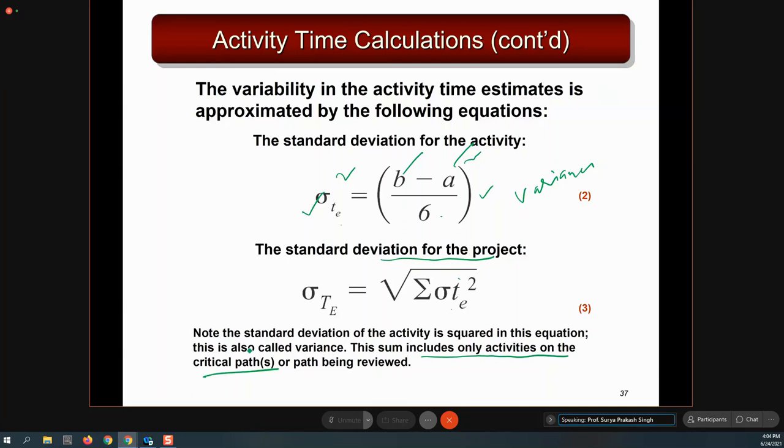So you calculate the variance of the critical path activities, sum it, take the square root, and you will get the standard deviation of the project. The standard deviation of the project is different from the standard deviation of an activity, and we need to be very, very careful.